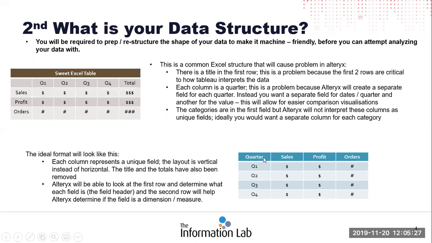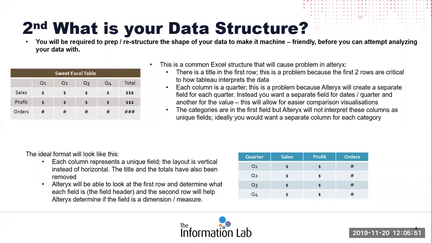So your ideal format will be something like this, where your dates will be one date field. So then each row will be a different date. And then each column represents a unique dimension, whether that's your date field and then your different measure fields. In this example, it's sales, profit, and orders. And Alteryx will let you do that where we're flipping around your table.